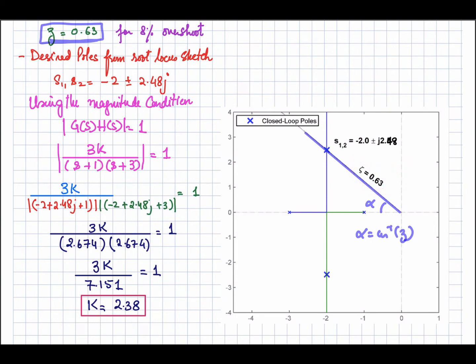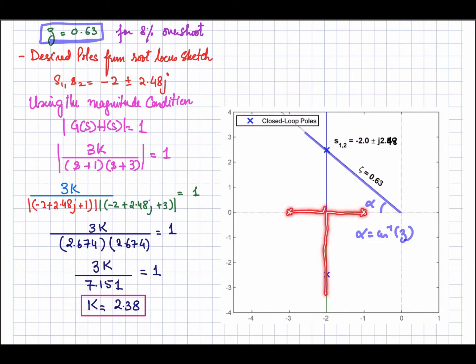Now these closed loop poles are on the root locus, so we can get them with the help of adjustment of the gain k. When we change the gain k, these poles will move like this.